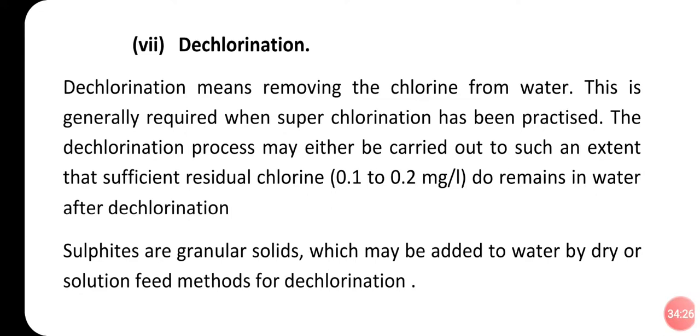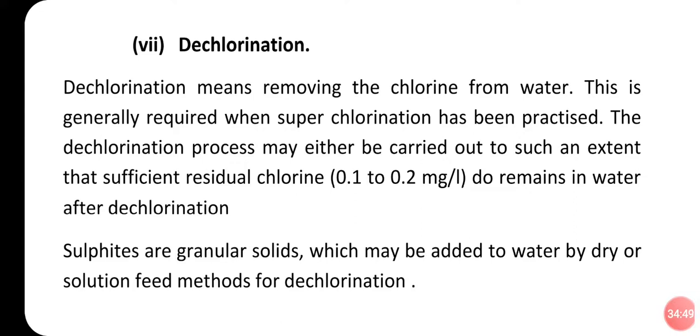Once the bacteria, organic matter and ammonia are finished, the chlorine remains as free chlorine in more quantity, more than 0.2 milligram per liter. If the free chlorine is more than 0.2 milligram per liter, then the dechlorination process is required.